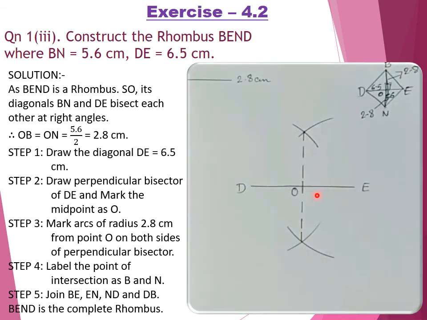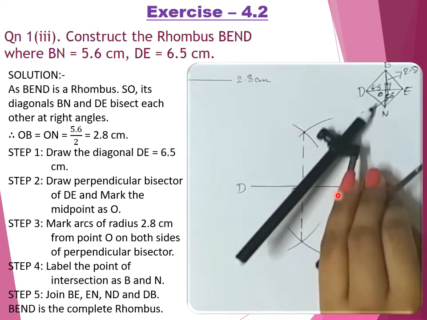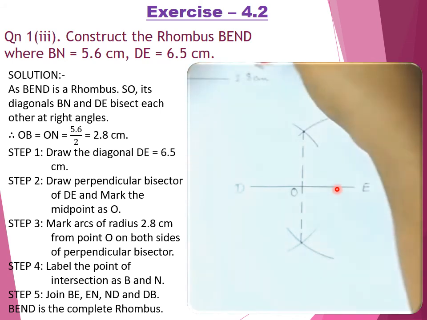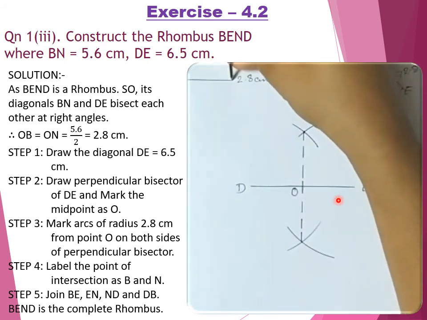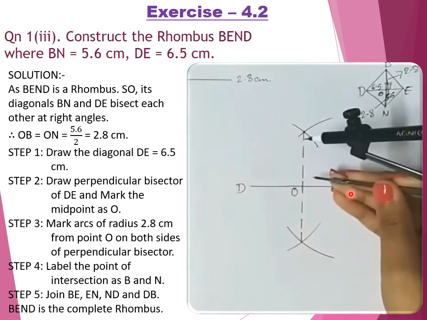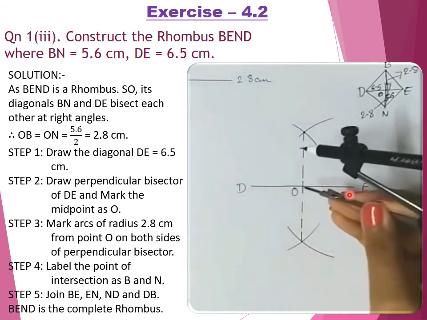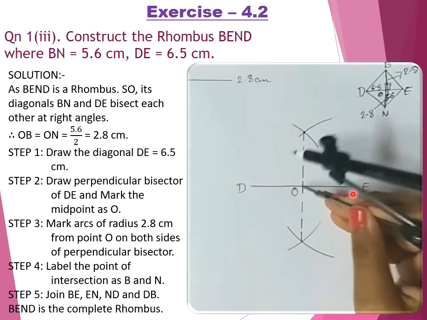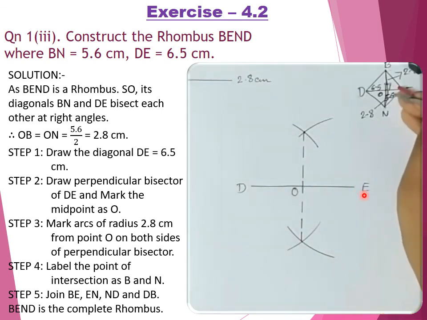The next step would be to take a length of 2.8 centimeter, that is this particular length of the diagonal. We will take a length of 2.8 centimeter arc radius, and we will try to draw the same arc at point O, because the length of OB is 2.8 centimeter.